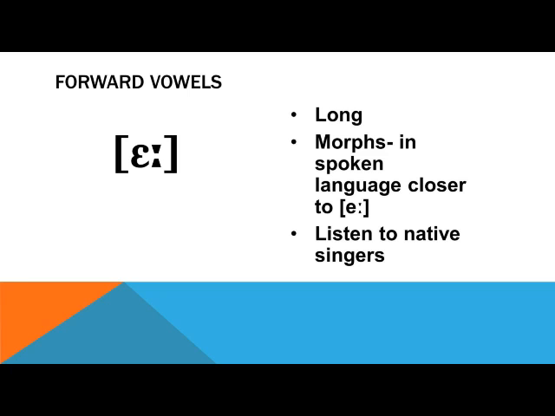And for our purposes right now, we're going to try to keep this pretty consistent. And as you become more comfortable with the language, you'll know when it gets a little more closed and when it gets a little more open. This is one of those things, and it will become clear when your ears are exposed to more native singers.